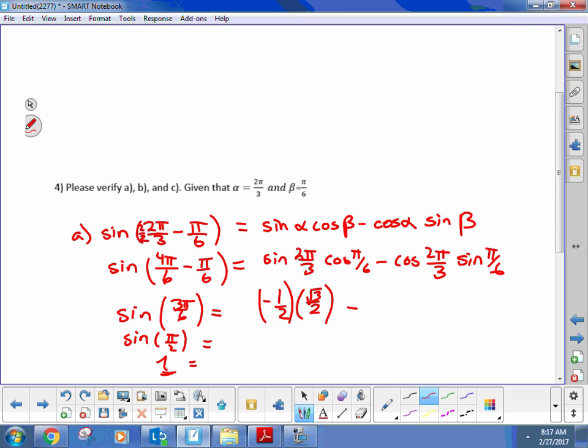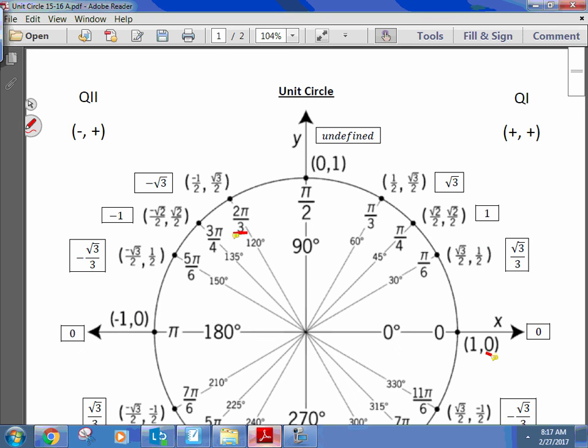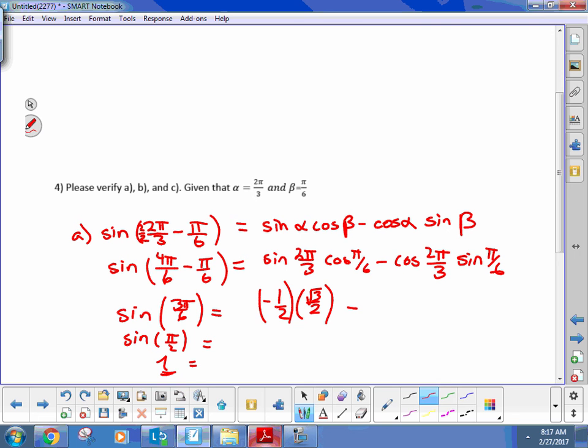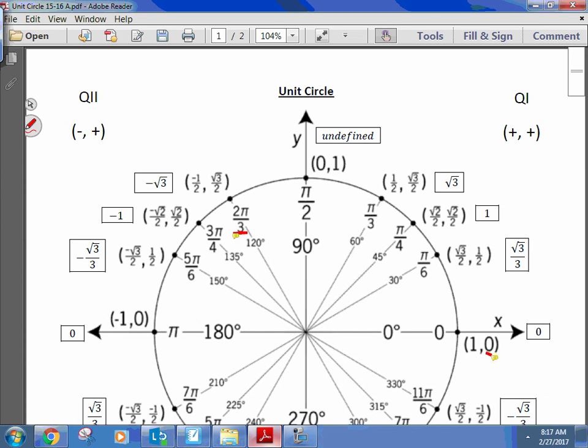Oh, actually, I might have done this wrong right here. The sine of 2 pi over 3. Let's look at it. Yeah, it should have been square root of 3 over 2. Right here. This would have been negative 1/2 cosine of 2 pi over 3. And the sine of pi over 6 is 1/2.